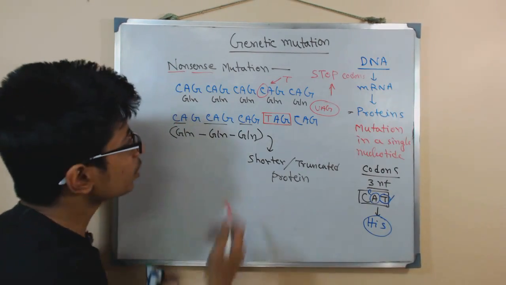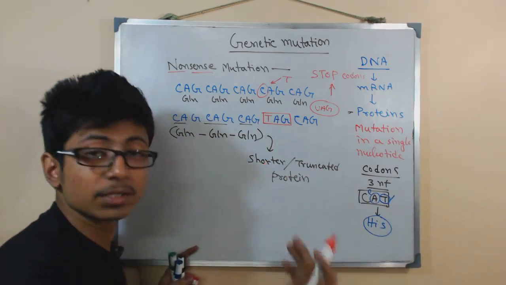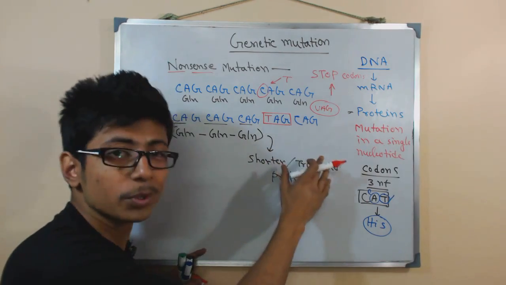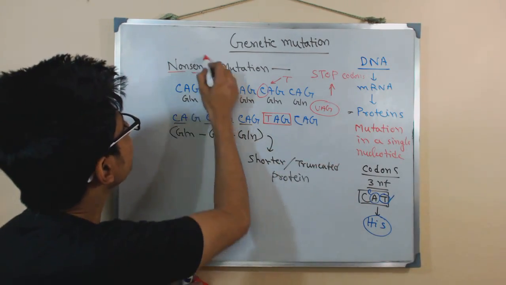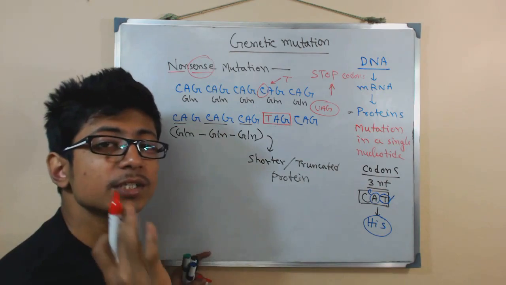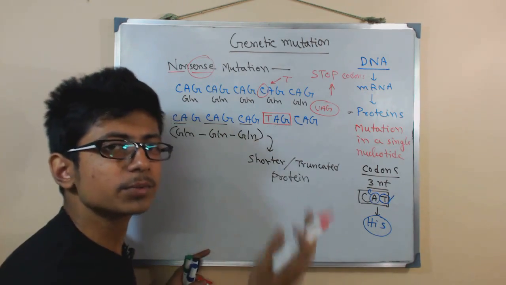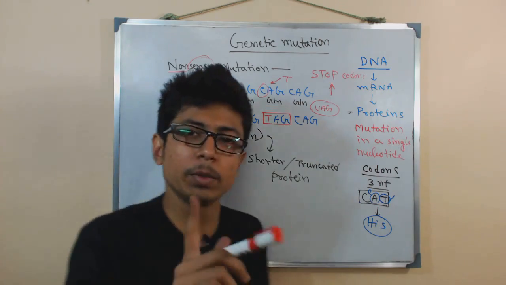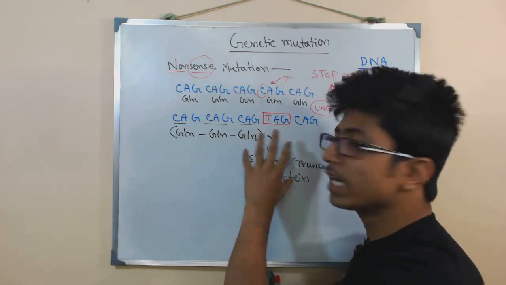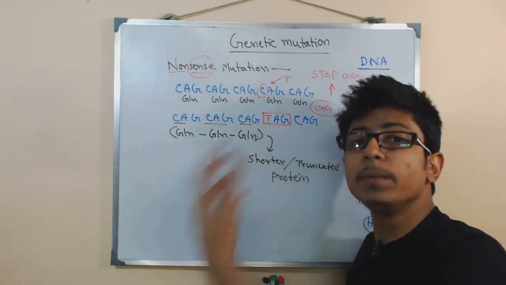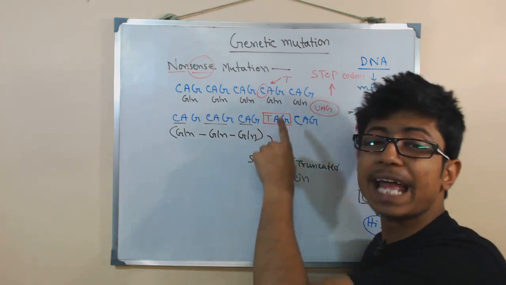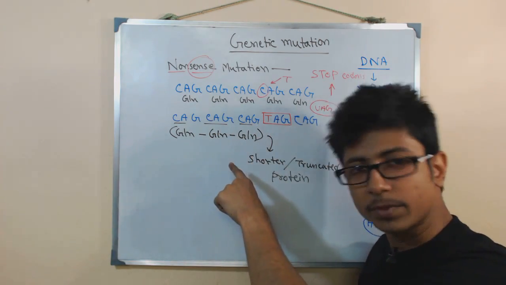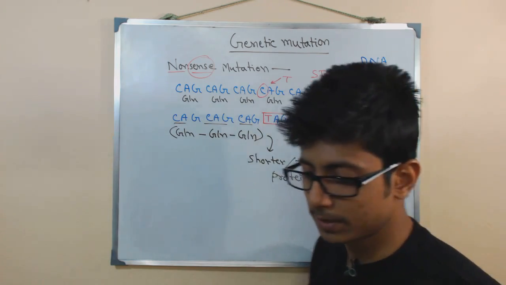Actually it's nonsense because it actually makes a lot of sense that it will not produce any proteins, but the sensing of codon is completely blocked. That's why it's called a nonsense type of mutation. But in a missense type of mutation, there is no truncated protein. Protein will be produced, but there will be a different amino acid placed, right? So that's it.